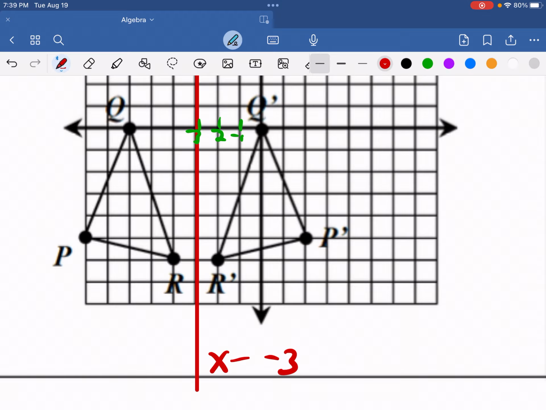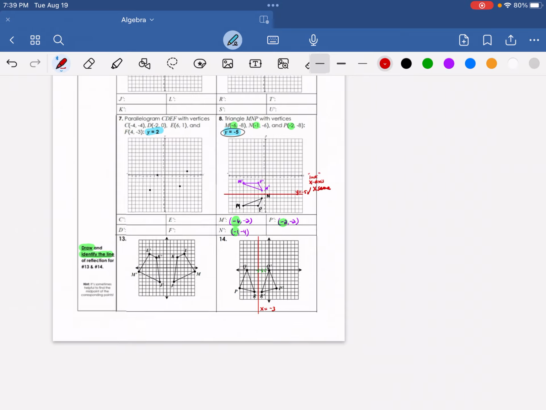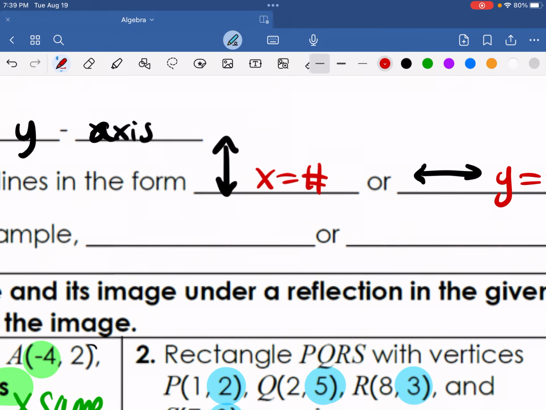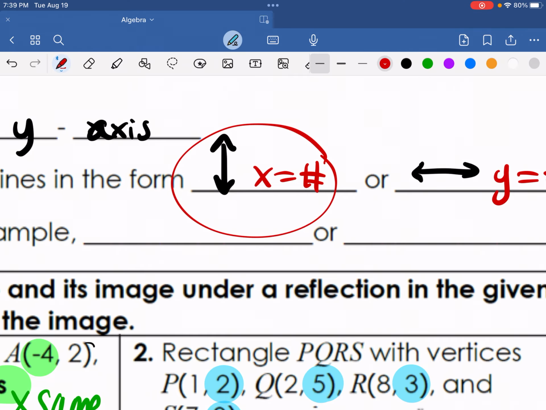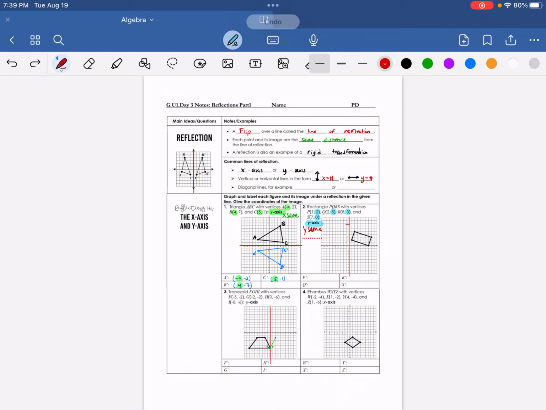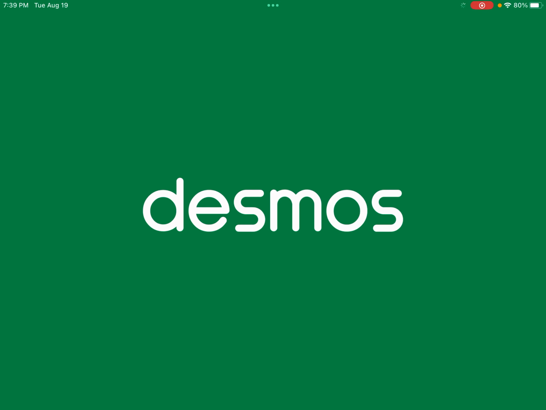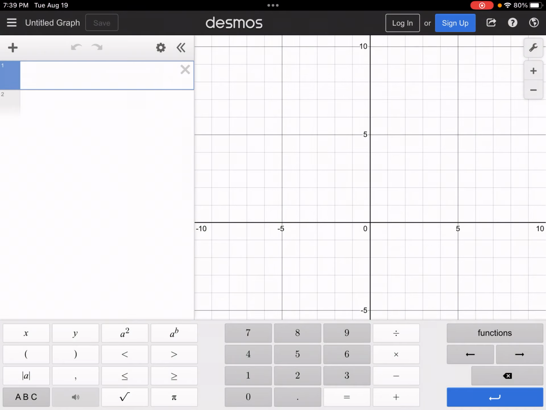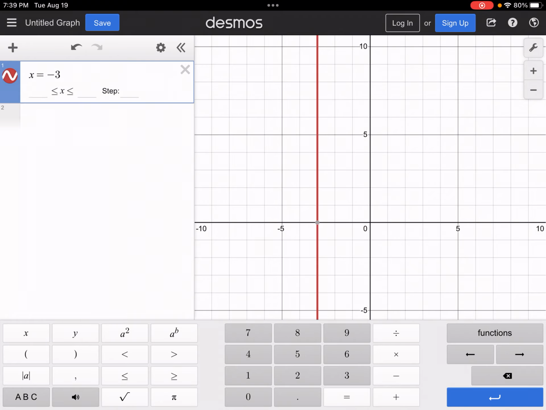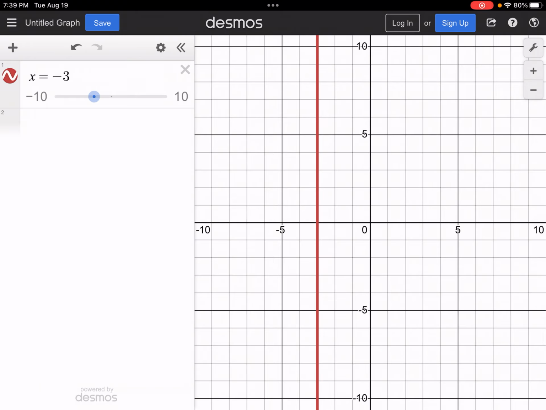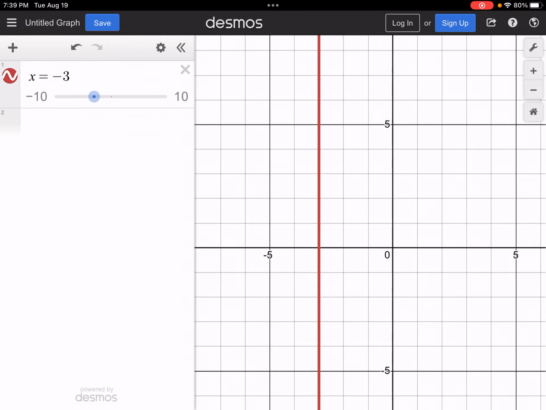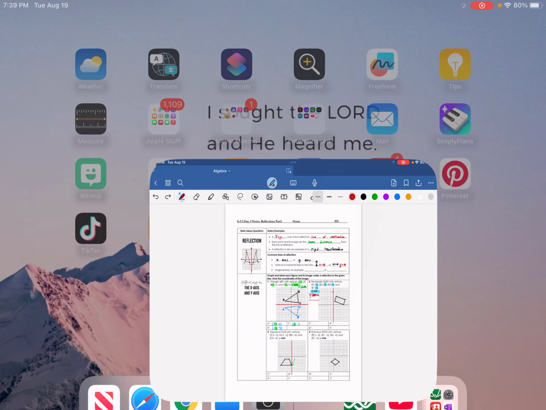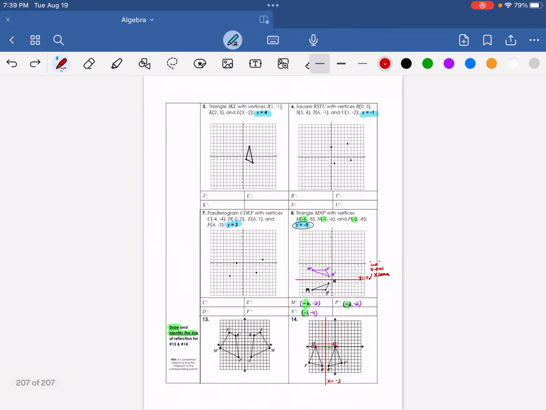And it would be x equals -3. Remember, back to our notes, if you want a vertical line, it has to be x equals -3. And you can go back on Desmos and check that. So then you can type x equals -3 and see if it draws a vertical line. And it does. It draws that vertical line at x equals -3. So there you go. That's your notes. You got to finish all the problems I didn't do and then turn it in.